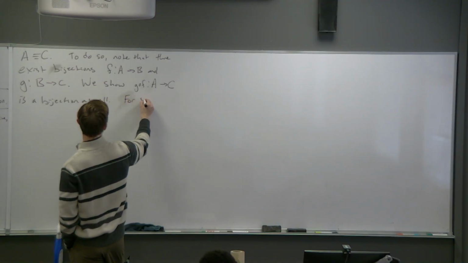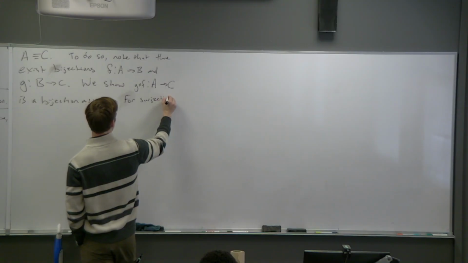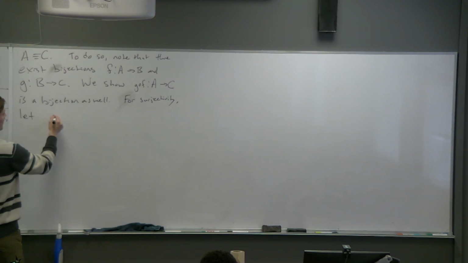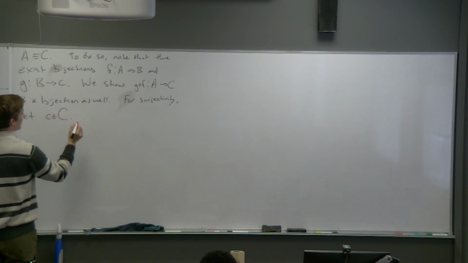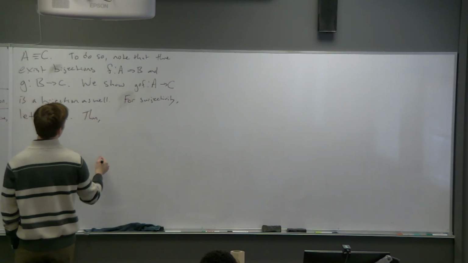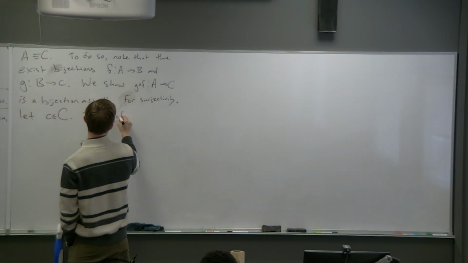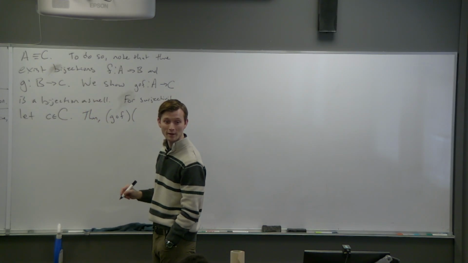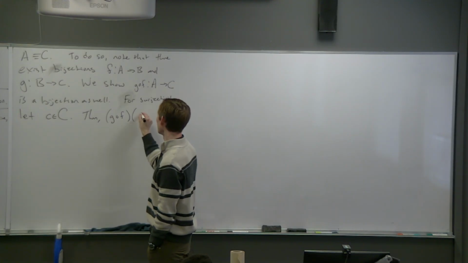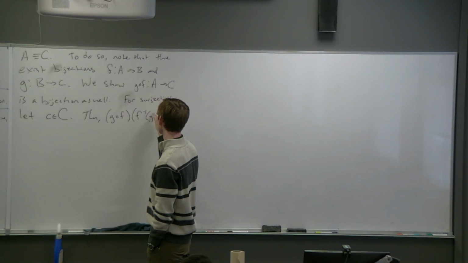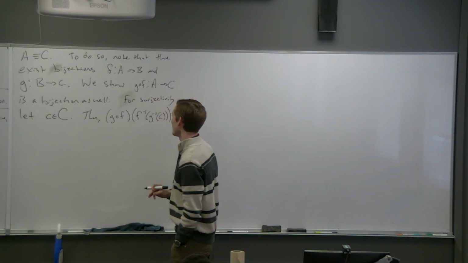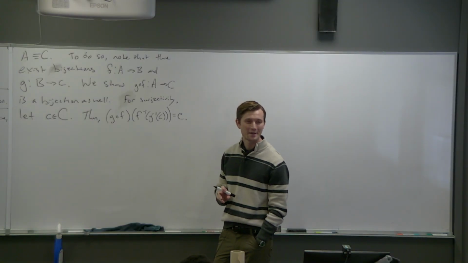For surjectivity, let c be an element of C. Then g composed with f of, well, what are we going to plug in to get back c? f inverse of g inverse of c.